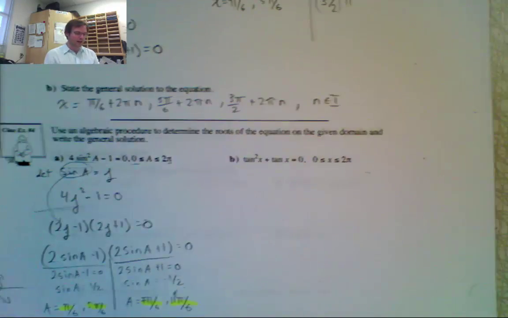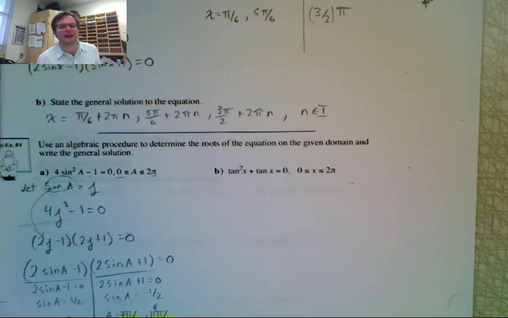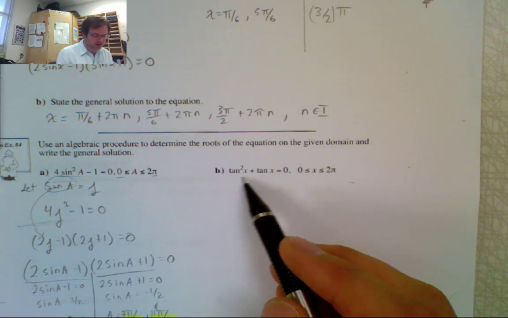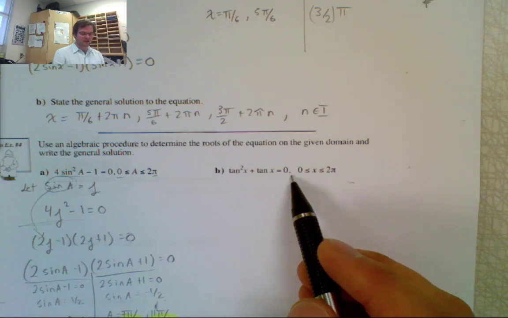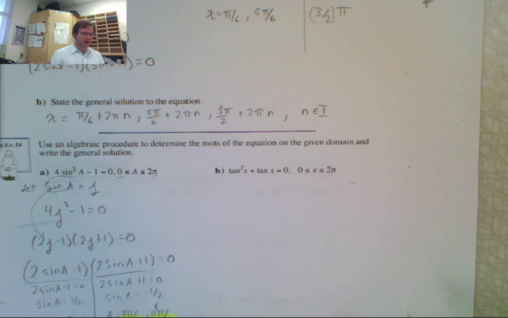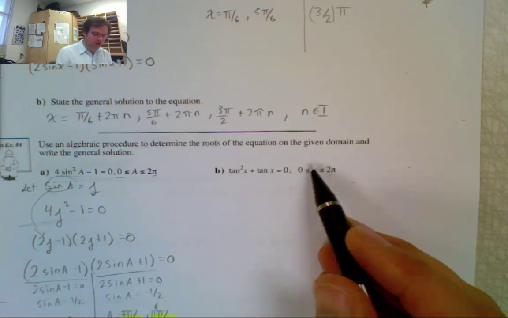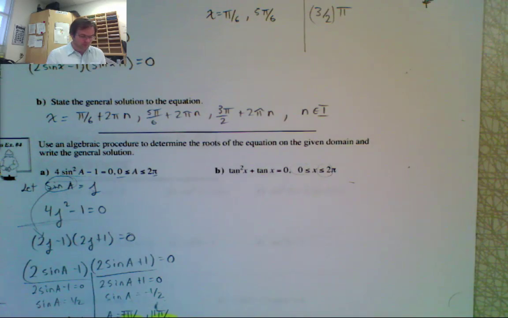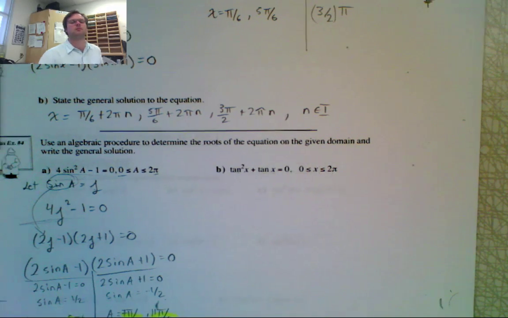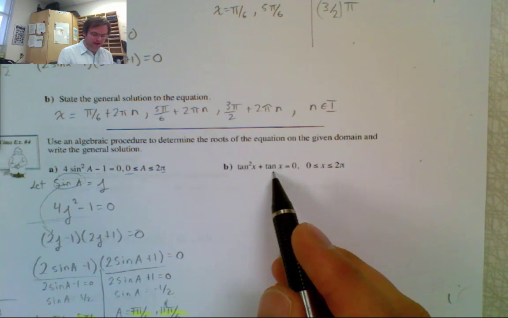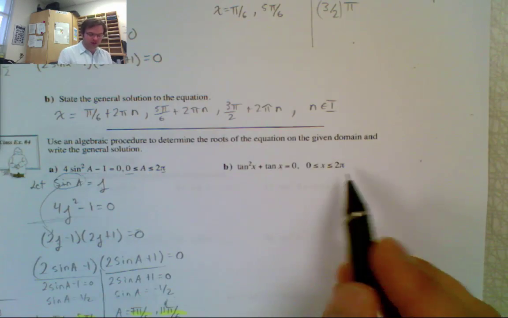Okay, now let's take a look at tan x. So when we take a look at B, we're looking at tan x squared plus tan x is equal to 0, between 0 and 2 pi.